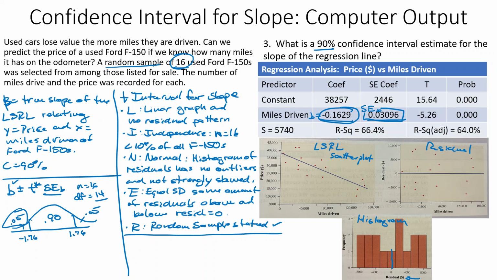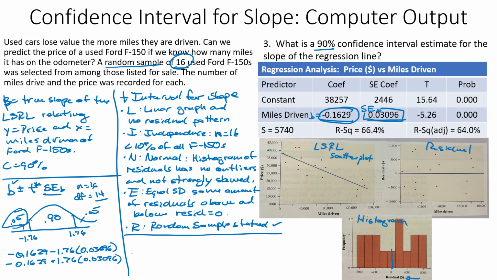So we get our b, which is negative 0.1629 minus 1.76 times 0.03096. And the other one is negative 0.1629 plus 1.76 times 0.03096.